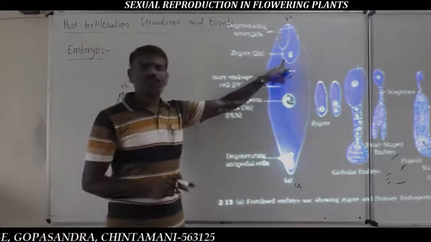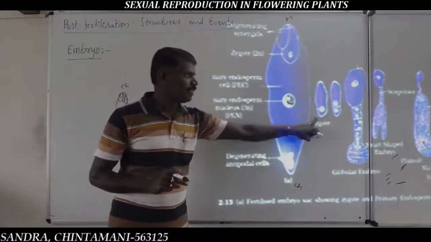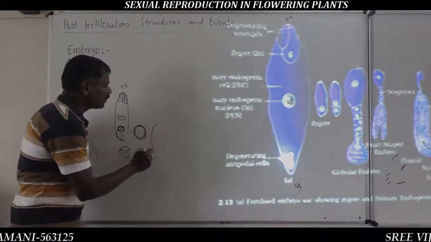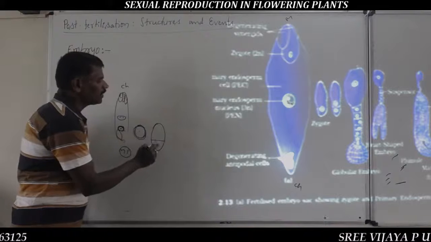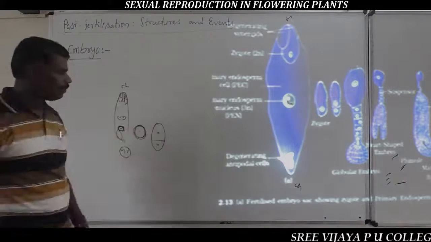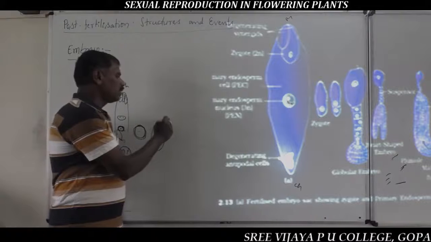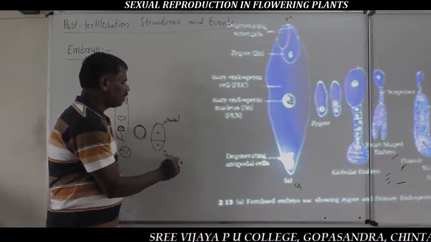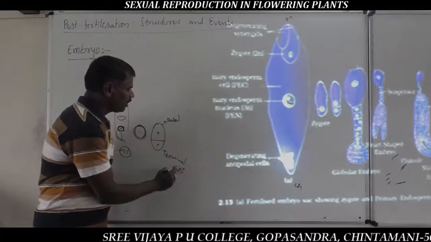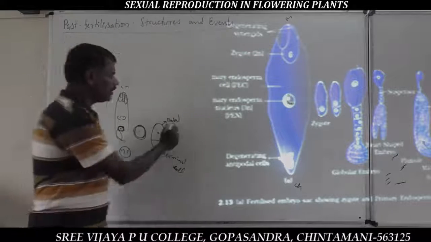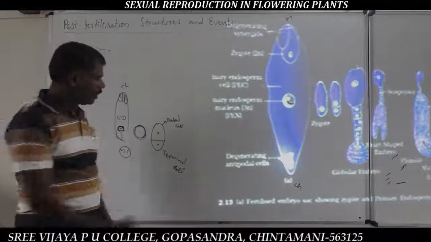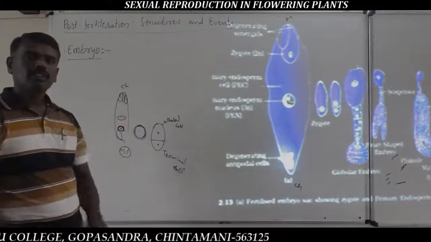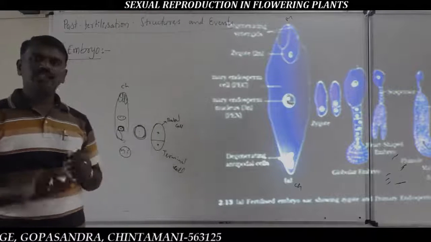The zygote divides into two cells, but unequally: a basal cell and a terminal cell. The basal cell is large and the terminal cell is small. Once again these two cells divide.